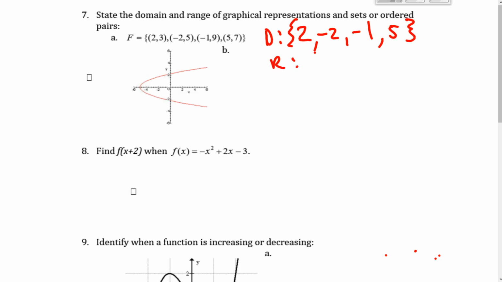And my range would be my y values, so that'd be 3, 5, 9, and 7. I just list them as a set if I have a list of ordered pairs like that.